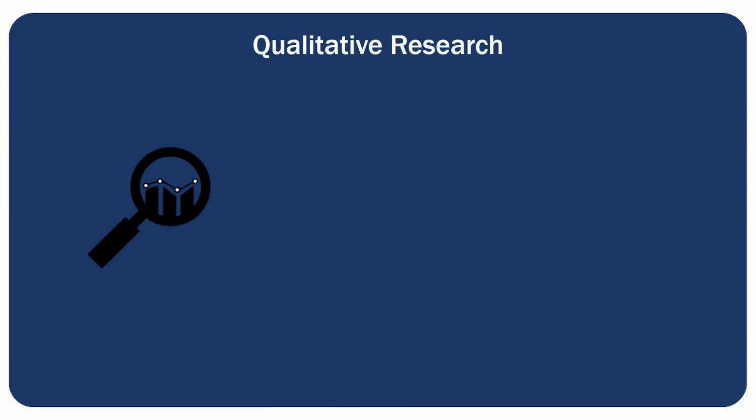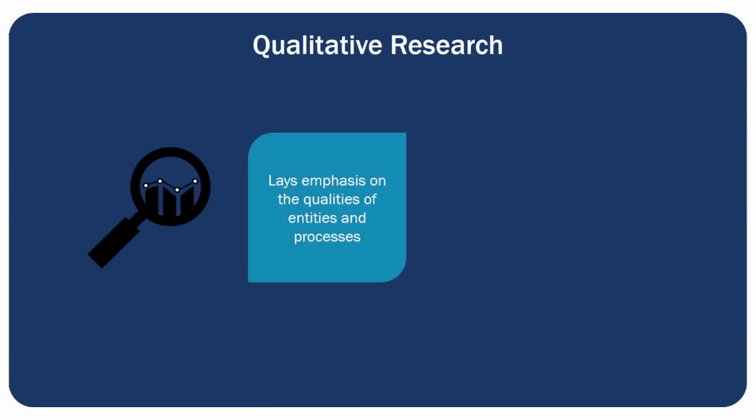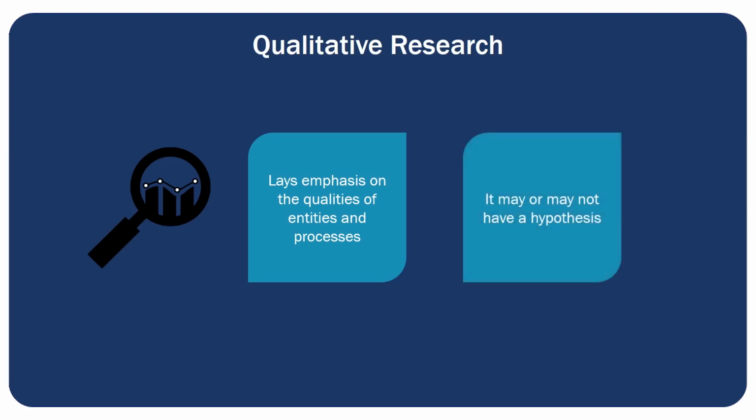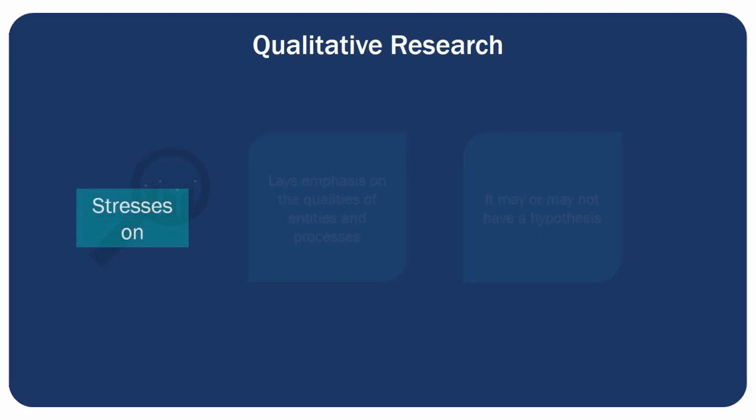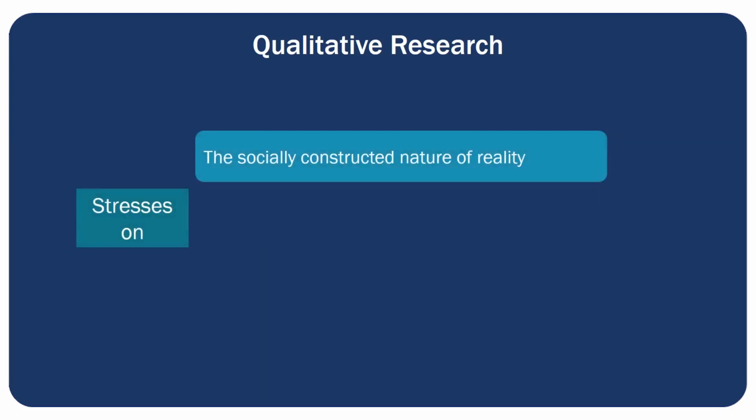When we talk about qualitative research, the emphasis is on the qualities of entities and also on the processes, whereas the other approaches don't look at processes so much. Many a time qualitative research may or may not have a hypothesis.